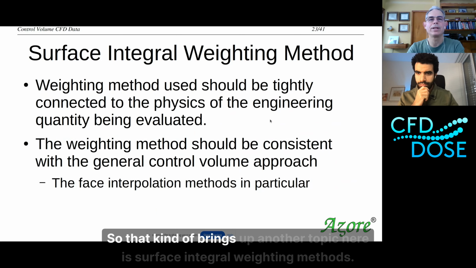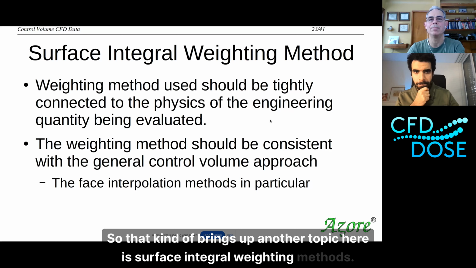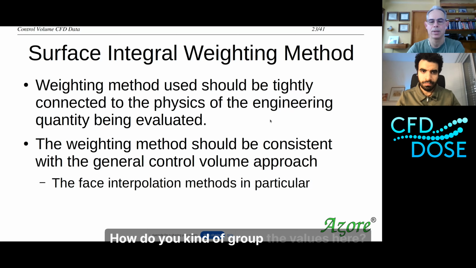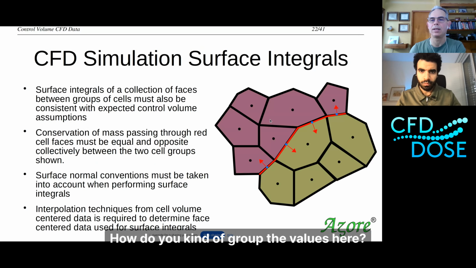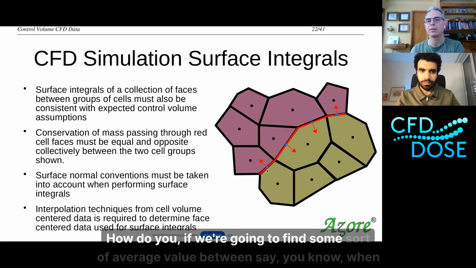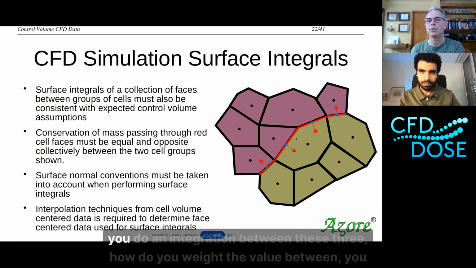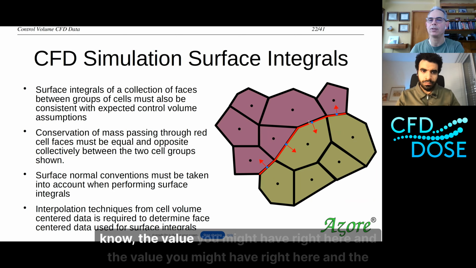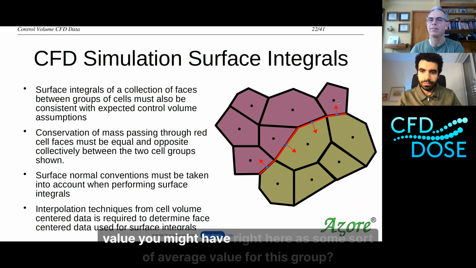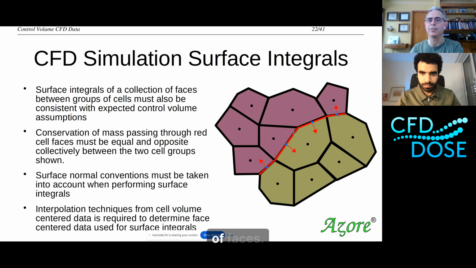And that brings up another topic here, surface integral weighting methods. How do you group the values here? If we're going to find some sort of average value when you do an integration between these three, how do you weight the value you might have right here and the value you might have right here and the value you might have right here as some sort of average value for this group of faces?